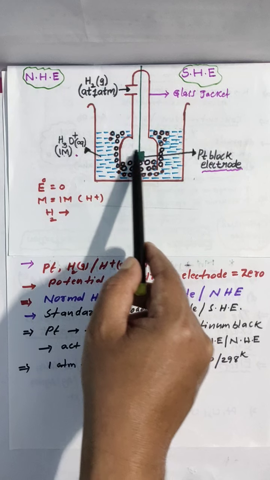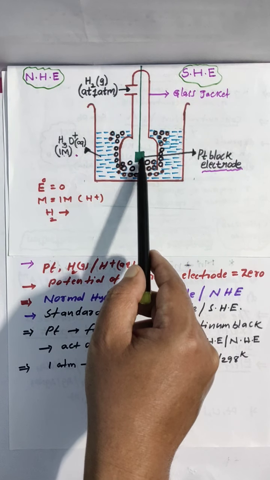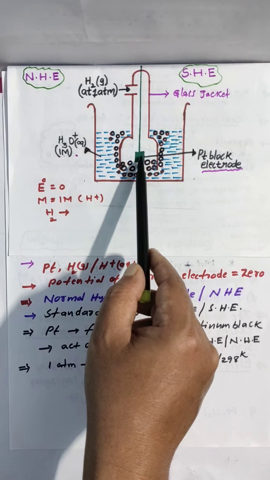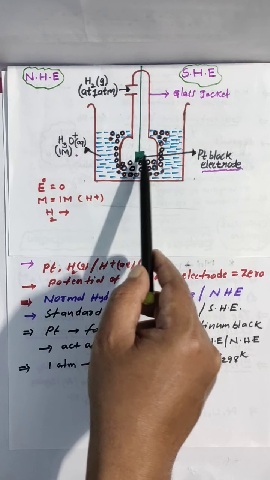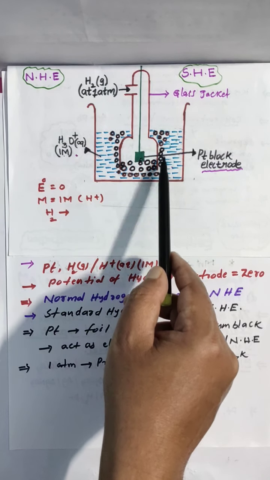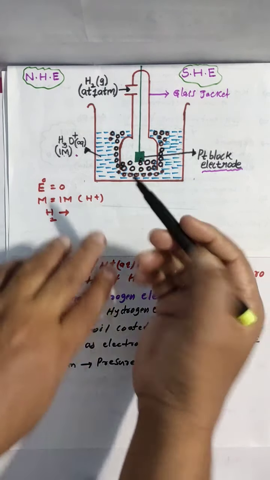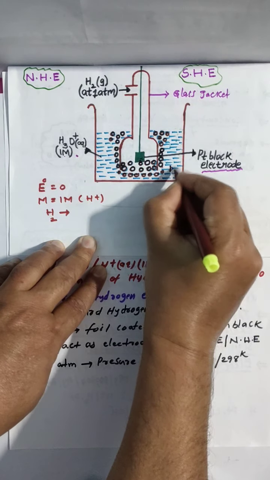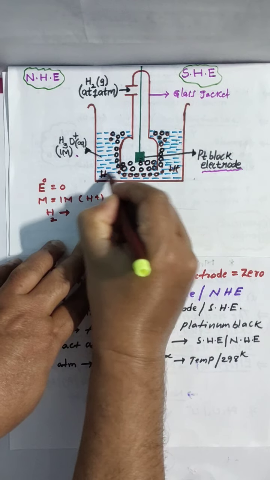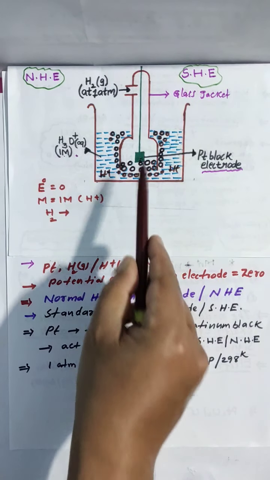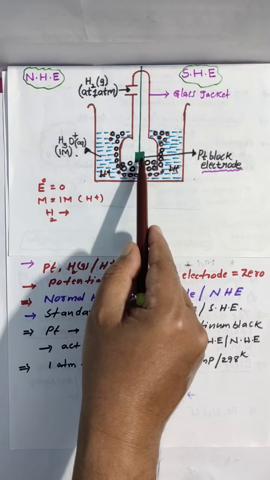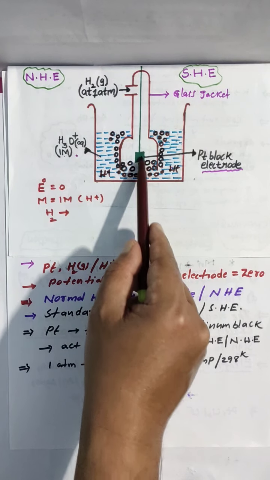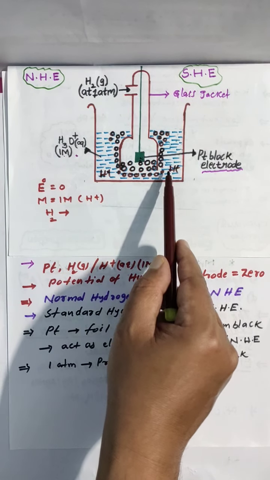Means on the platinum foil hydrogen gas is there, which is connected with H plus ions. Total H plus ions are present in the solution. So hydrogen gas absorbed on platinum black is connected with H plus ions.